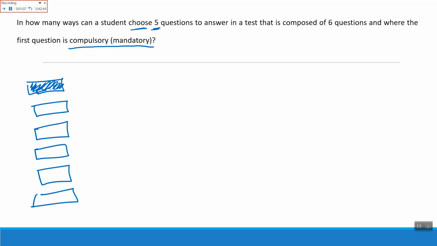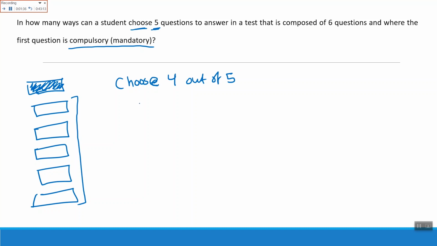So you can't say that you chose 5 questions. What you actually chose is 4 questions, out of how many? Out of 5. You're not going to choose 5 out of 6 because the first question is already chosen for you.